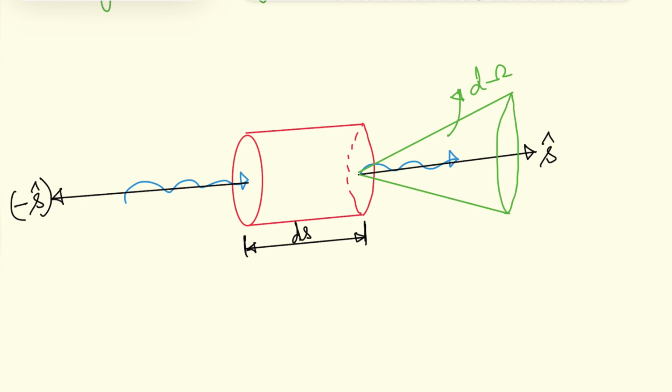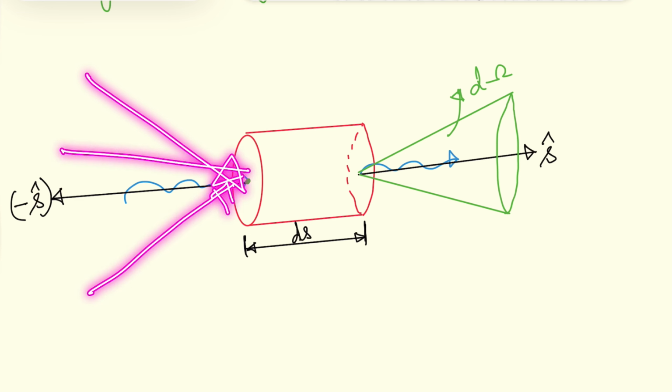Now what is happening is that at the entry of the control volume, energy can come from anywhere, from this direction, this direction, this direction.